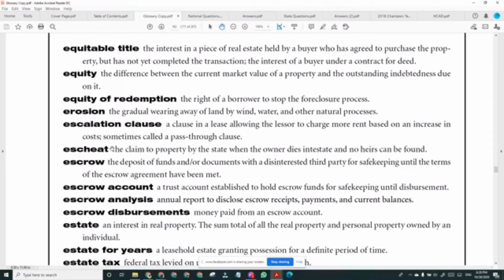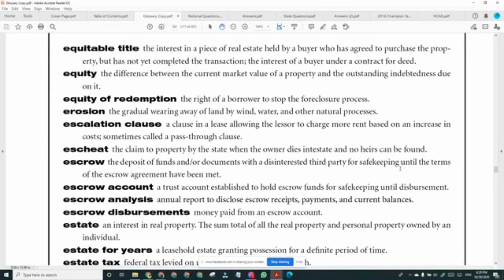Escheat. I try to remember this as people thinking they're being cheated out of their money or something that they wanted to own. The claim to property by the state when the owner dies intestate and no heirs can be found. Remember last time I said in, without, that means it's without a will. So when there is no will, it goes to the state if there aren't any heirs that can be found.